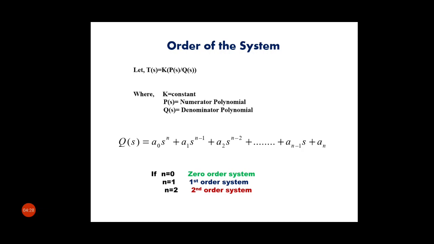Here we consider n. If n equals 0, then it is called a zero order system.